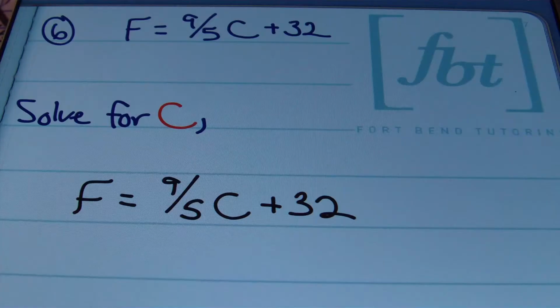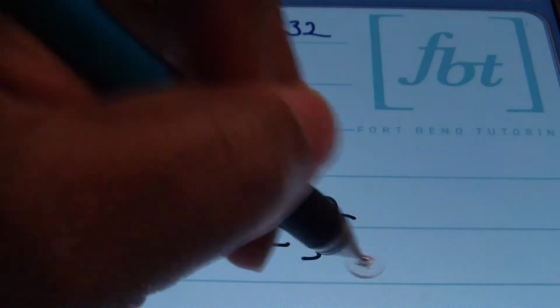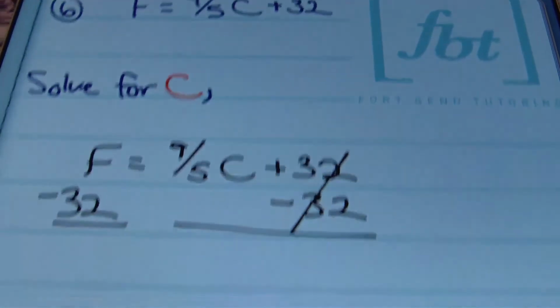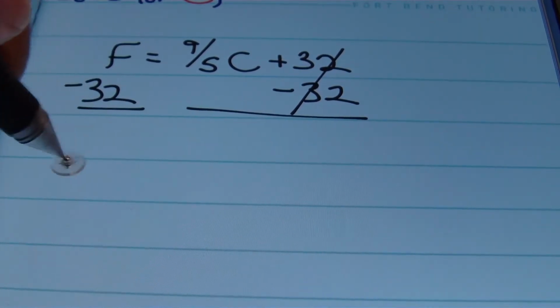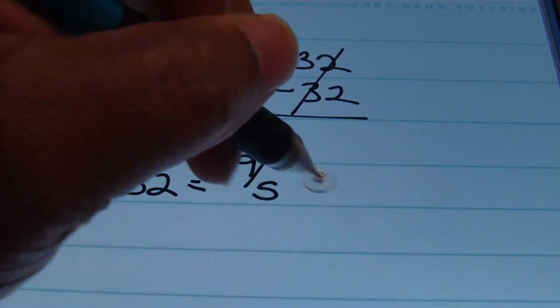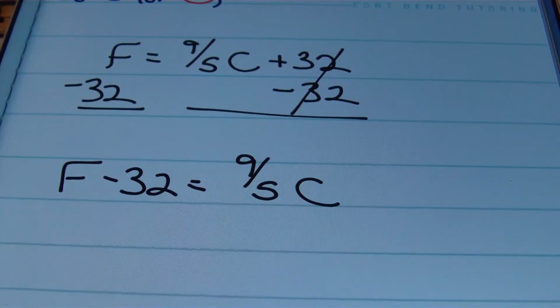We're solving for C, so I'll begin by subtracting 32 from both sides of the equal sign here. All right, my 32's will cancel out, and I'll bring down F minus 32, which now equals 9/5 C. Because this formula is so popular, there's a certain way textbooks and teachers will prefer you to write your answer here.